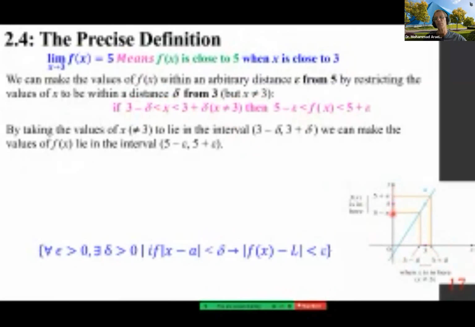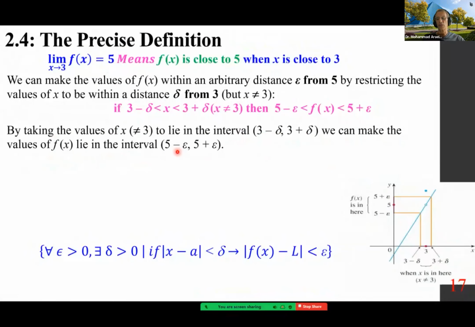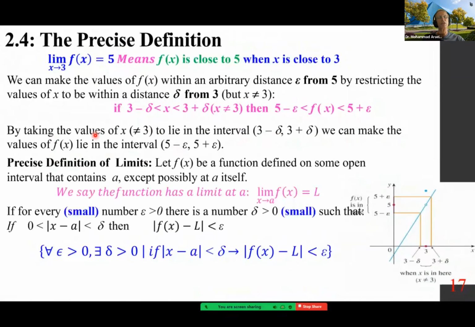By taking the values of x not equal to 3 to lie in the interval of 3 minus delta and 3 plus delta, we can make the values of f of x lie in the interval of 5 minus epsilon and 5 plus epsilon. And that gives us the precise definition of a limit.